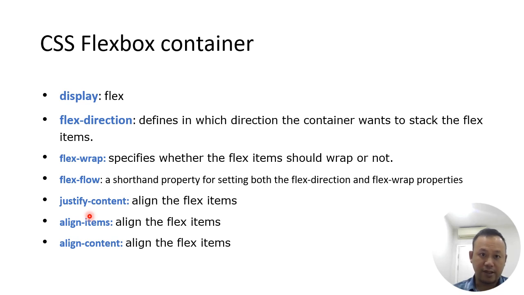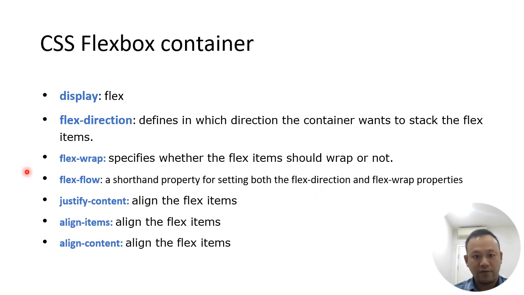The flex container properties are flex-direction, flex-wrap, flex-flow, justify-content, align-items, and align-content. As we know, flex-direction is used to define in which direction the container wants to stack the flex items. The wrap property specifies whether the flex items should wrap or not.